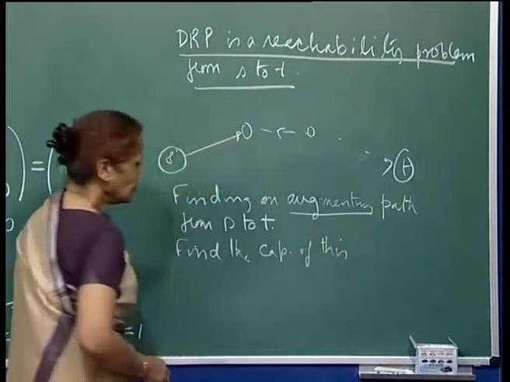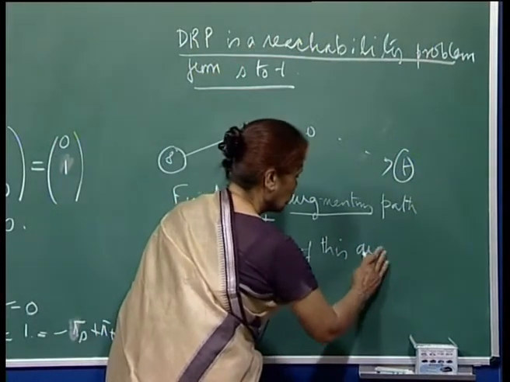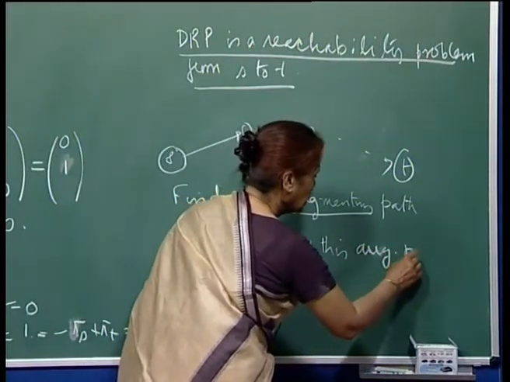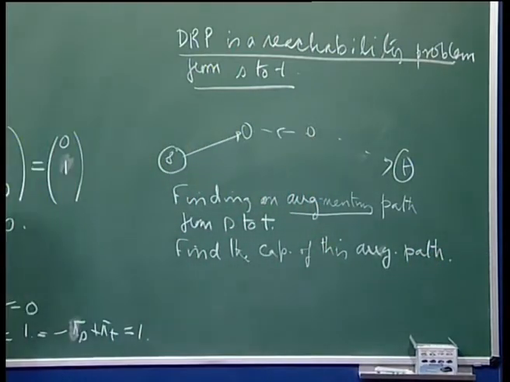I had explained to you earlier, we discussed this while looking at the changes in BIs, and I told you that the capacity of a path is the minimum of the capacities of the arcs that make up the path.